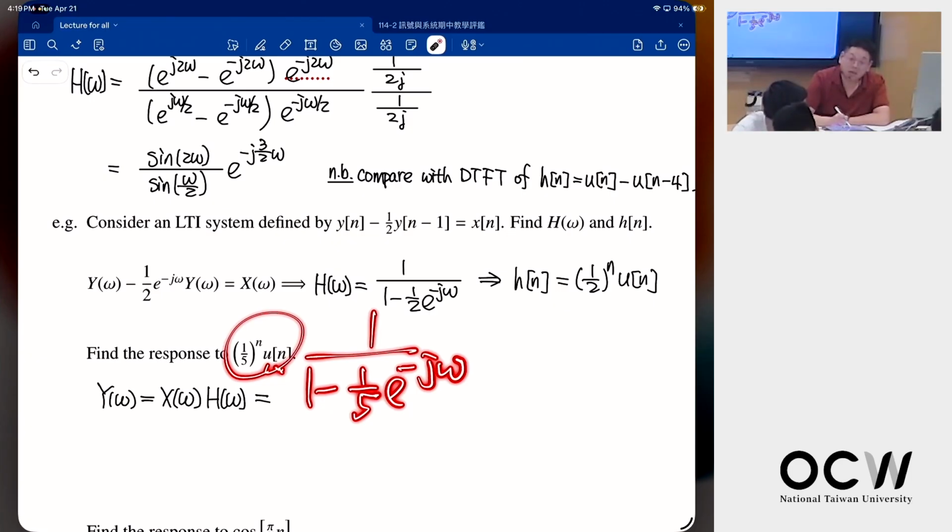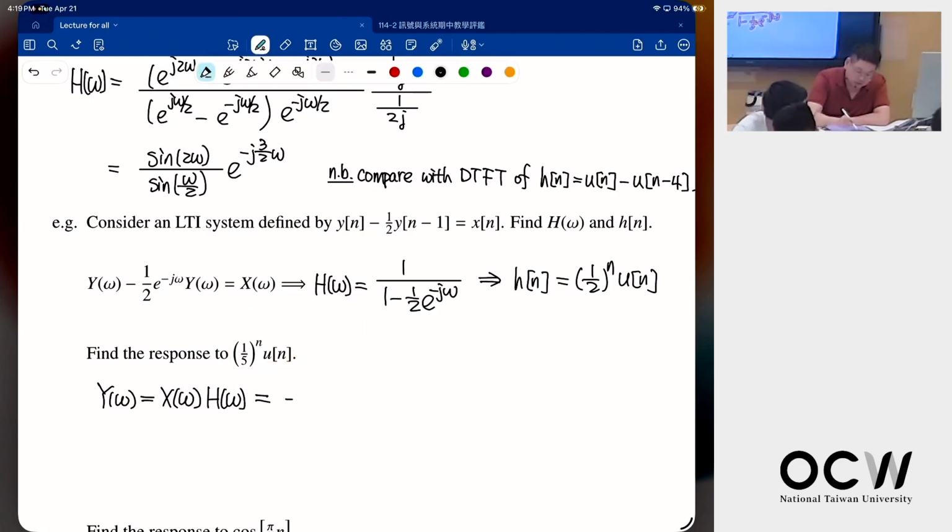Okay, so I should have 1 minus 1/5 e to the minus j omega. And also the H omega, we found that it's 1 minus 1/2 e to the minus j omega.